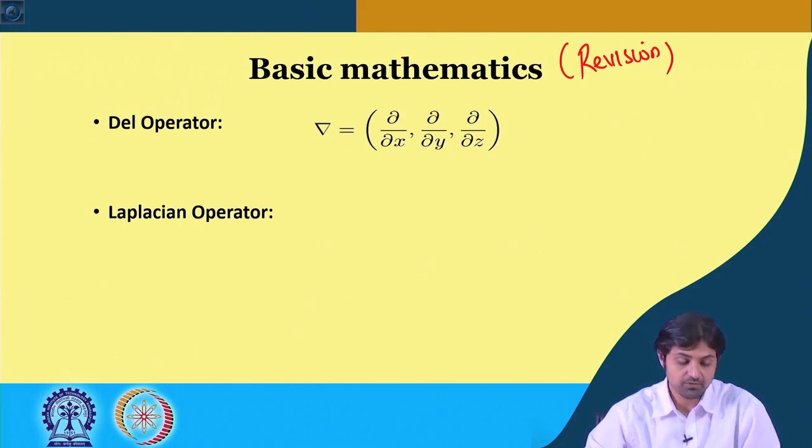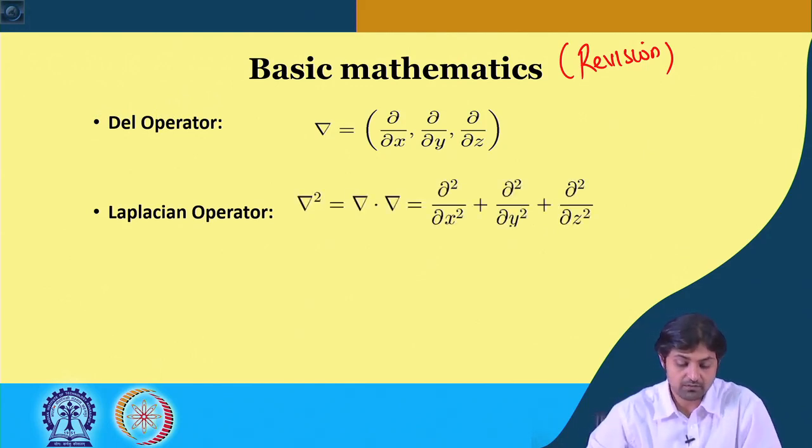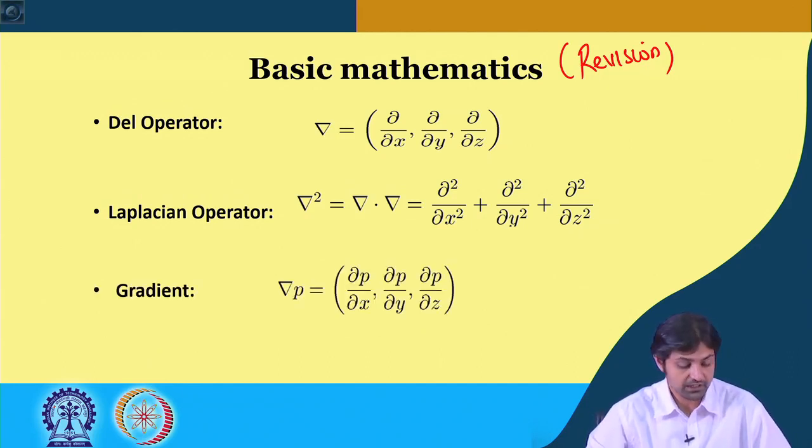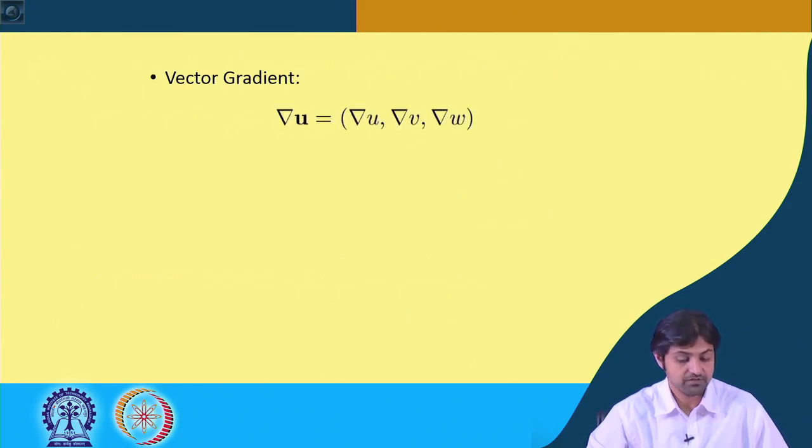Now the Laplacian operator is del square, that means it's del square by del x square, del square by del y square and del square by del z square. Gradient operator, it's del p, it's del p del x, del p del y, del p del z. All right. There is a vector gradient, that is del u, del v, del w.